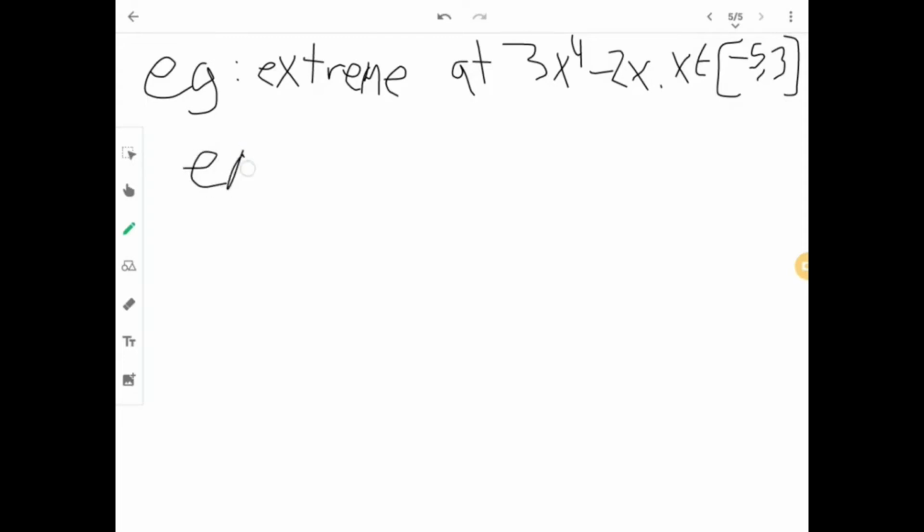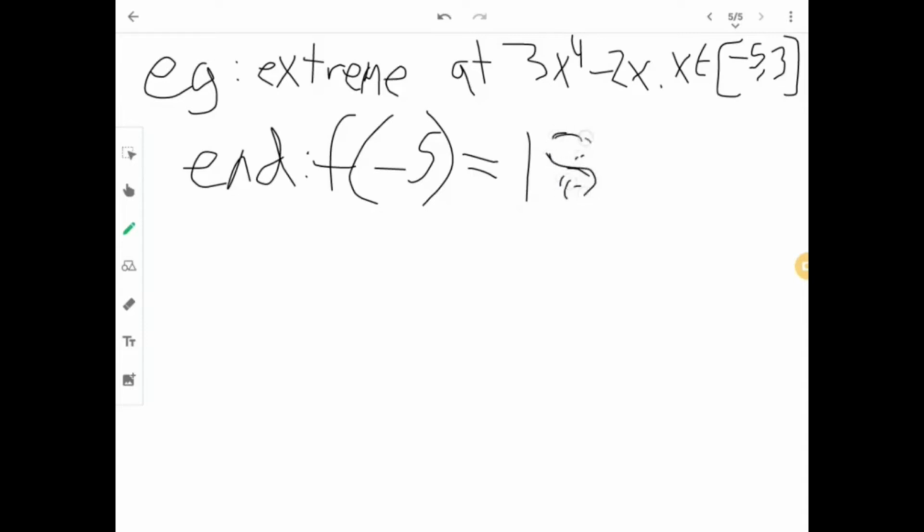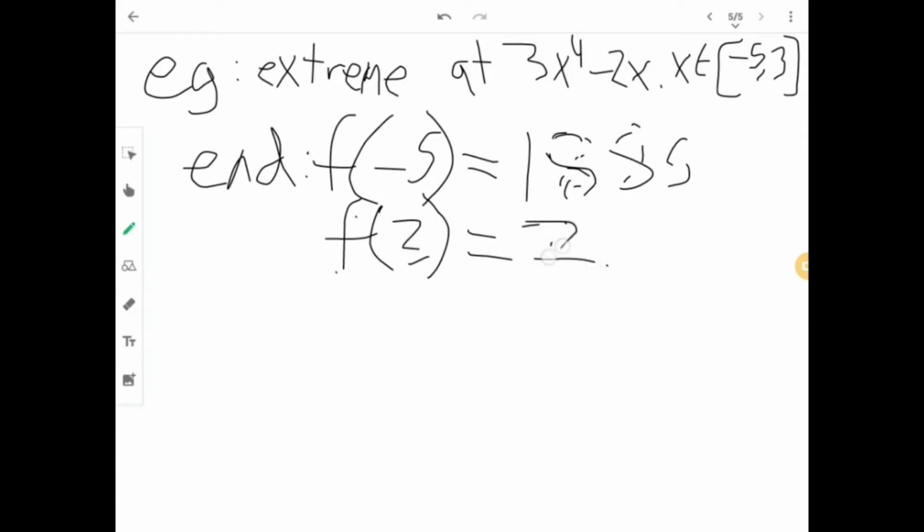So for endpoints, f of -5 is equal to, you take your calculator out because 5 is a bit too high, 1885, and f of 3 is 237. Now that's the endpoints.